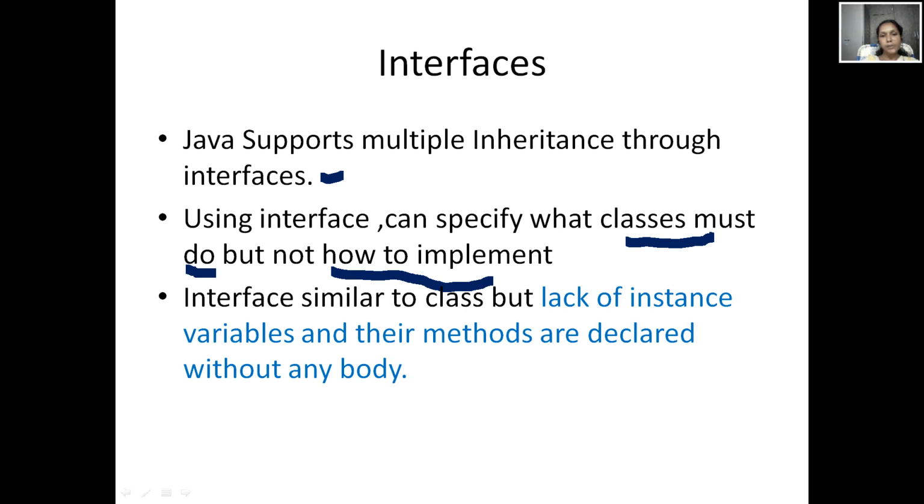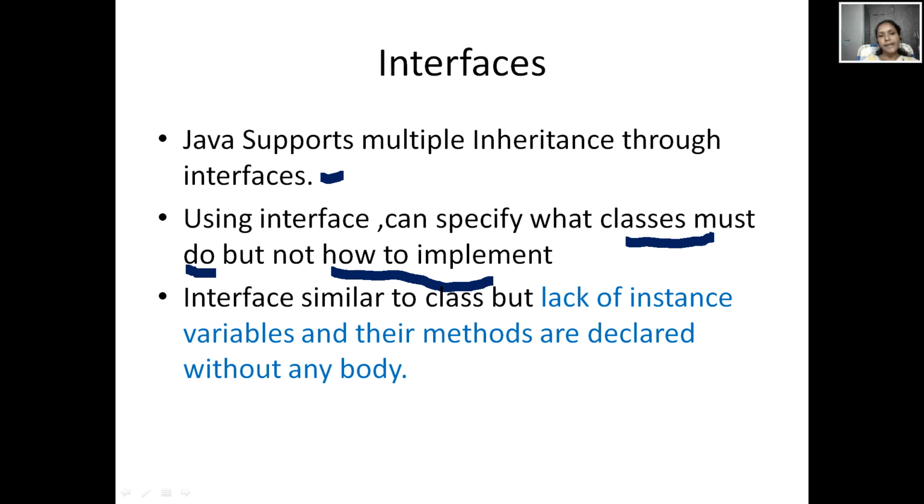So an interface specifies what classes must do, but not how to implement. From the programmatic view, an interface is a collection of abstract methods only. That is, no implementation, only declaration, and a set of final static variables.